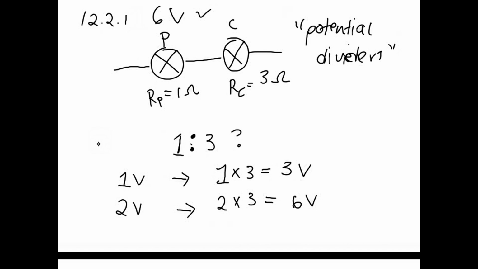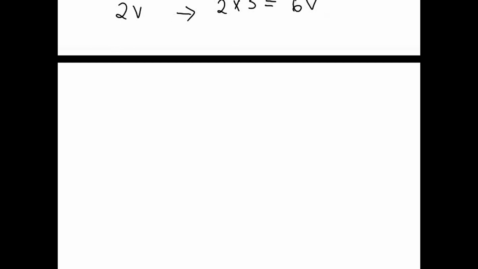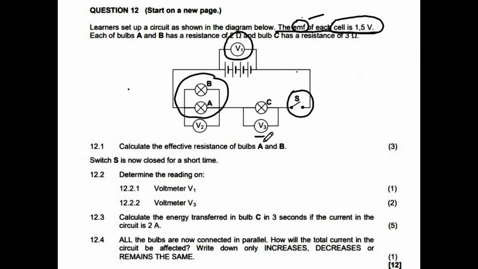But I still haven't answered the question. How do I determine the potential difference that voltmeter V3 is going to measure?